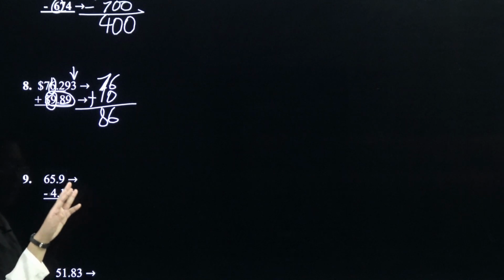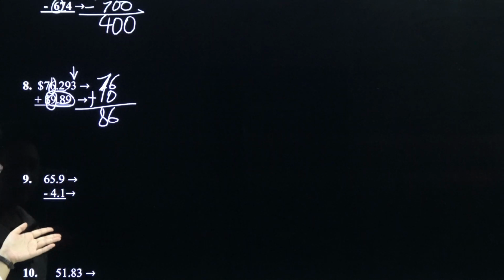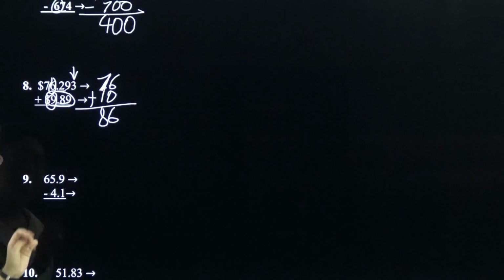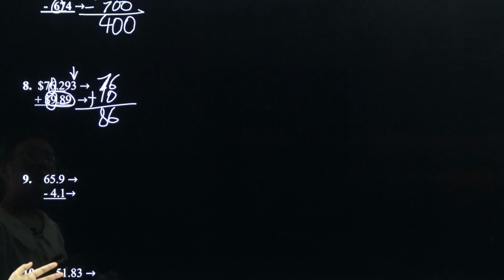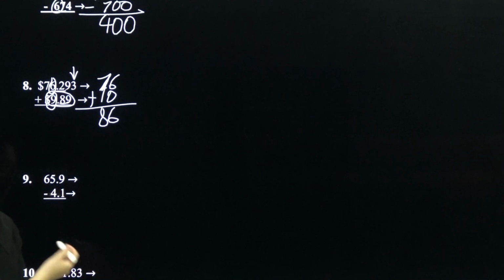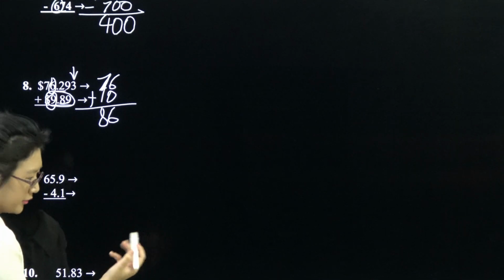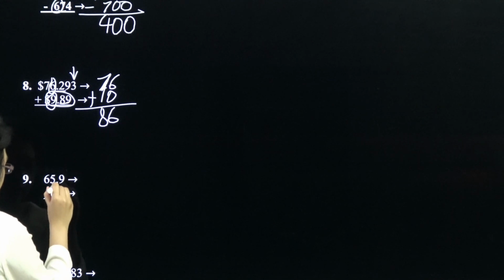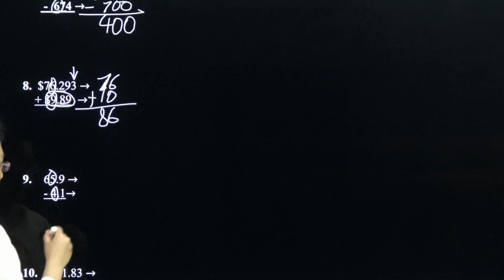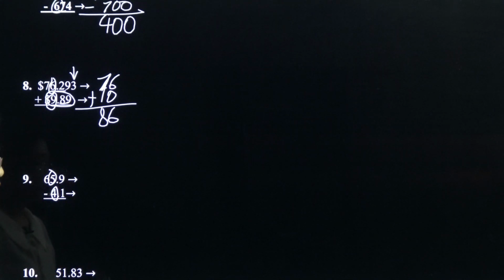Now here we have 65.9 and 4.1. So 4.1's smaller, the lesser value. And we're going to be rounding to the ones because 4.1, the biggest value that it has, is a 1.